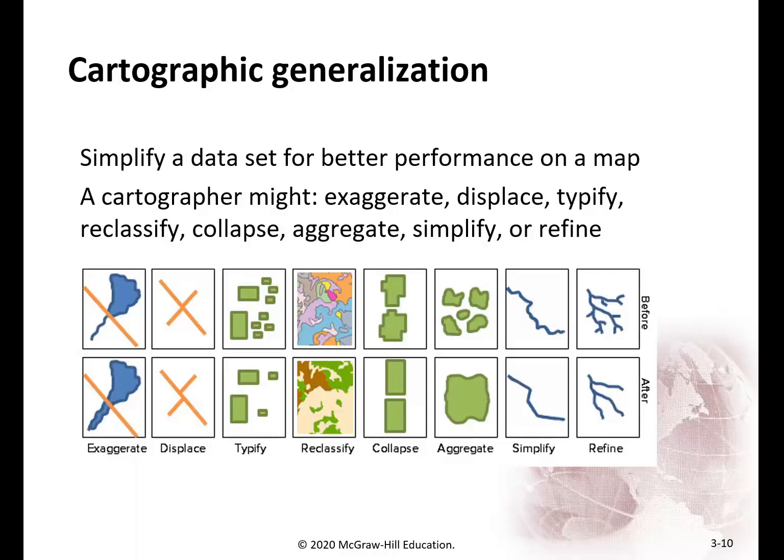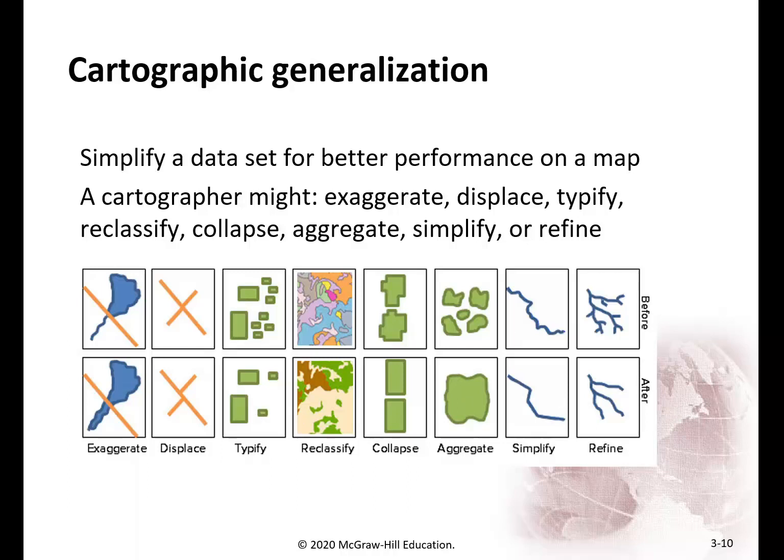The rest of the generalization functions allow us to more effectively present information from a large-scale map at a smaller scale. Whether you are refining, simplifying, aggregating, collapsing, or classifying this data, ultimately we are simplifying or generalizing our data to go from a more complex visualization to a generalized visualization, making displaying this data on our maps easier.